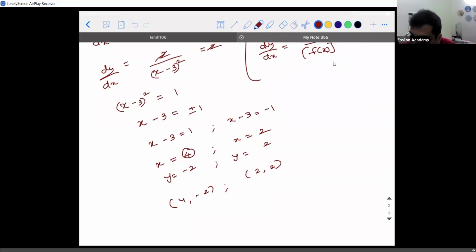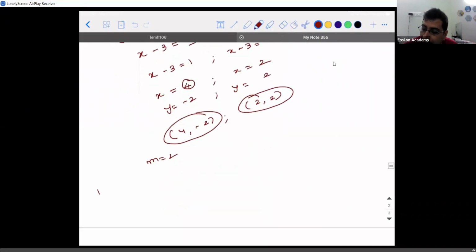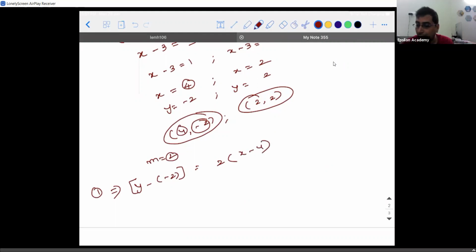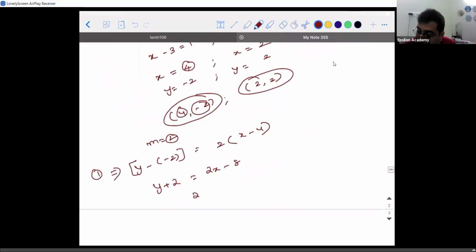So you know the slope m is 2 and you know the points. So the equation of the first line will be how much? Y minus y1 is equal to m into x minus x1. So y plus 2 will be equal to 2x minus 8. So 2x minus y minus 10 is equal to 0.